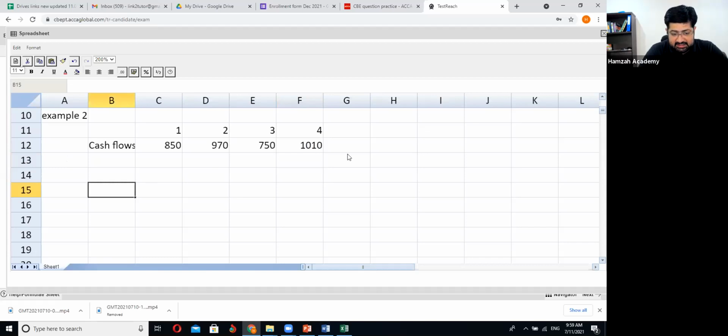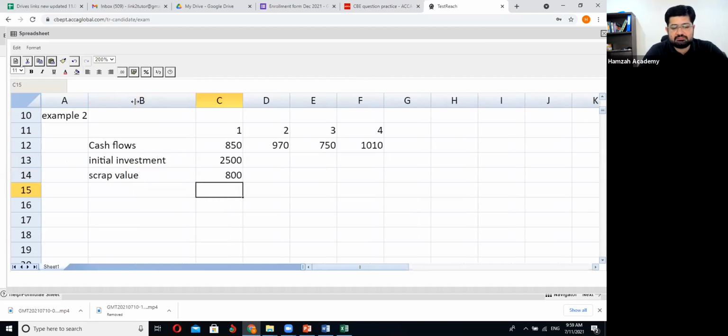They say that initial investment is 2500. Sorry, 2500. And scrap value is 800. And they say calculate ARR, accounting rate of return.